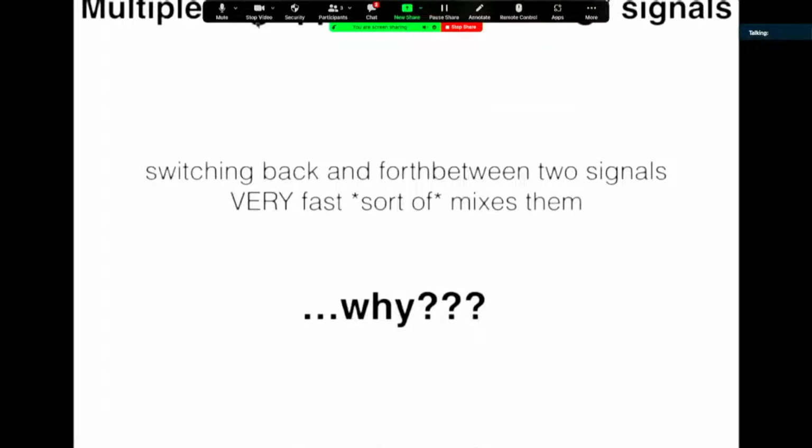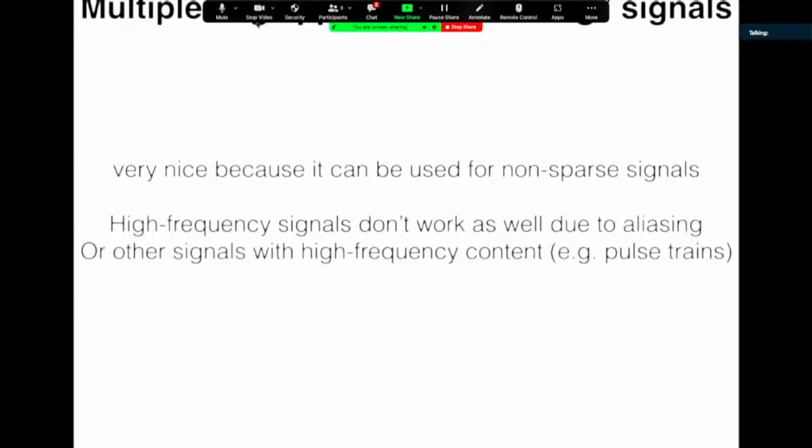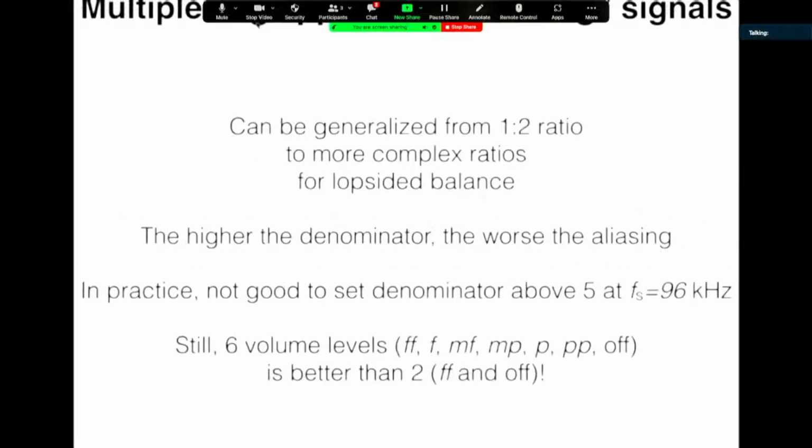There's also a way called multiplexing the signals. You can switch back and forth between 2 signals very fast. This approach is nice because it can be used for non-sparse signals. This can be generalized by, rather than just switching back and forth every sample, spending a certain number of samples on one track and then a fewer number of samples on another track, which gives you this lopsided balance. If you want a 1-to-4 ratio between 2 sounds, it works pretty well. But if you want something like 33-to-71, some very fine detail with a large denominator in that ratio, you'll get very bad aliasing and it'll probably be unusable.